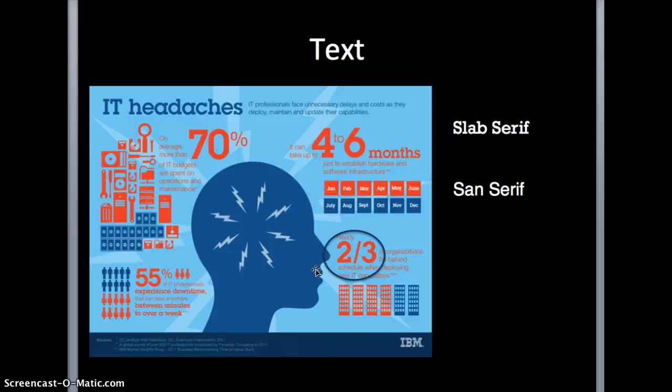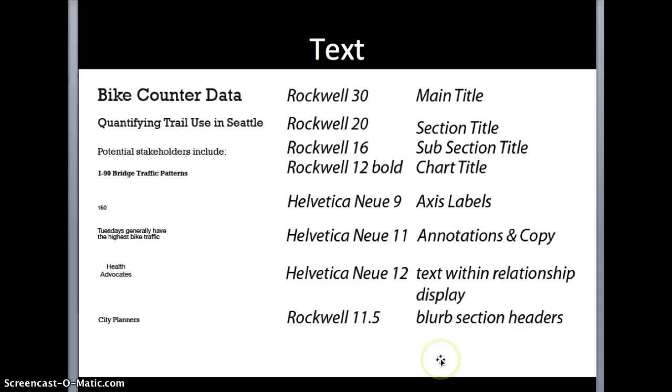So with that in mind, we can move on and look at the hierarchy of text that I used. There was more textual hierarchy for mine, based on the layout model. I definitely wanted to have a main title but also section titles, and then also titles for my graphs to give those context, labels for my graphs, copy and annotations.